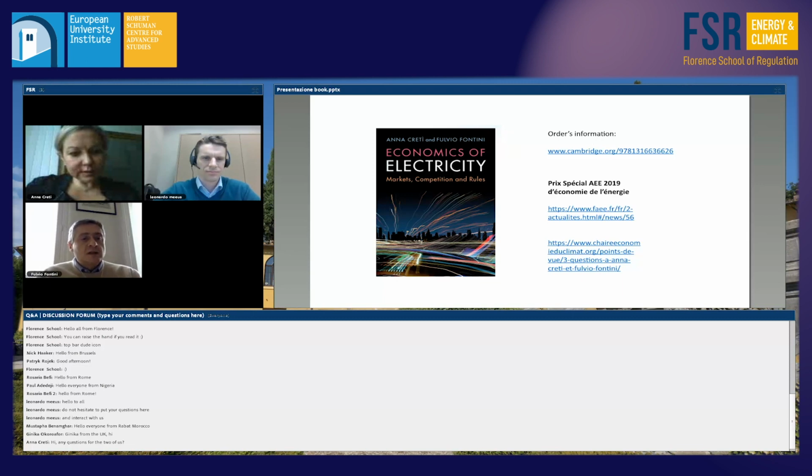Unit measures, for instance, are things that generally you tend to forget, but in electricity, if you don't pay attention to the different unit measures, you mix up things, and you cannot mix up power and energy, for instance, because they are two different things. They are related, but you need to know what they are. Time dimensions, for instance, short run, long run, medium run, what they mean effectively. These are all things that you see in practice in electricity, but typically students are not very familiar with, so they tend to struggle a bit about that.